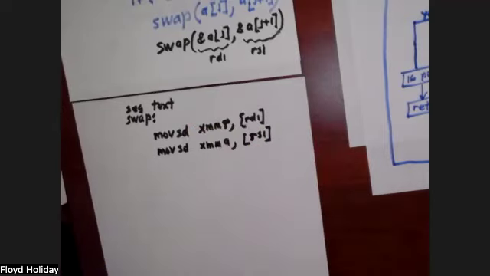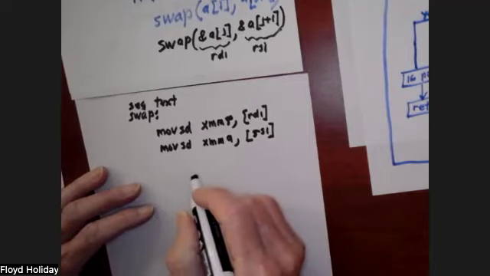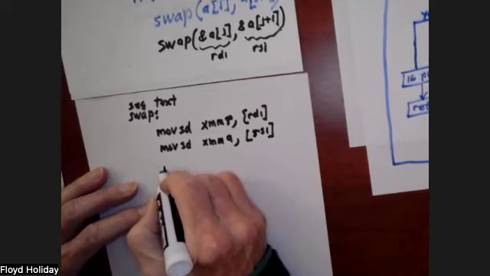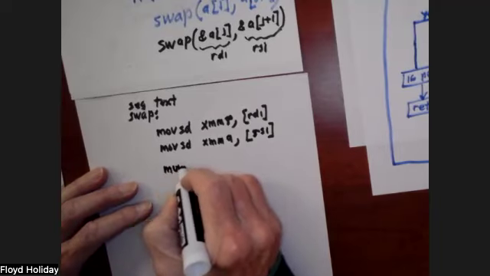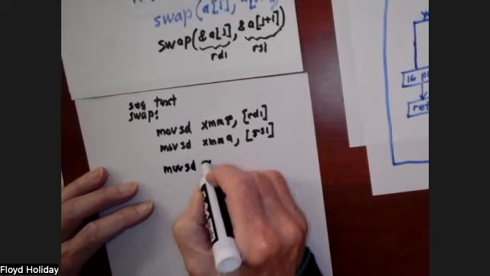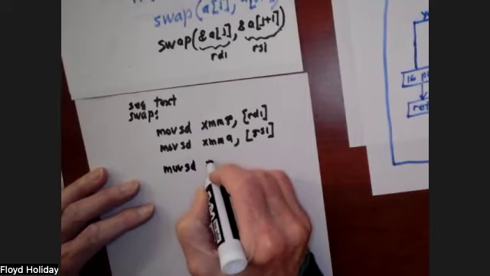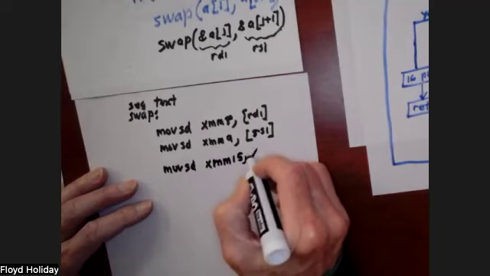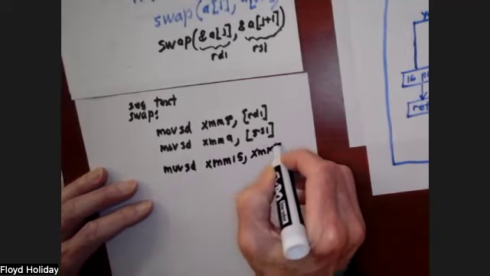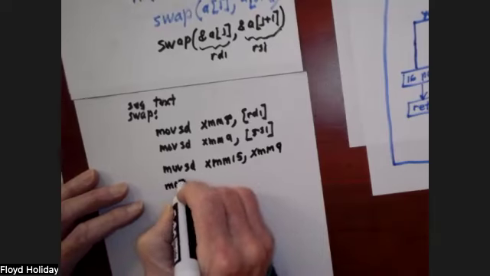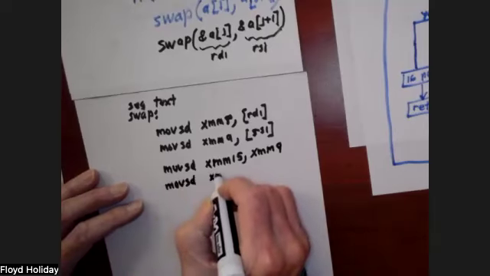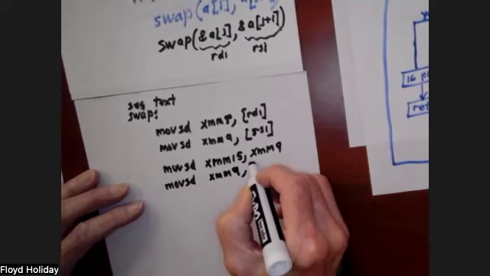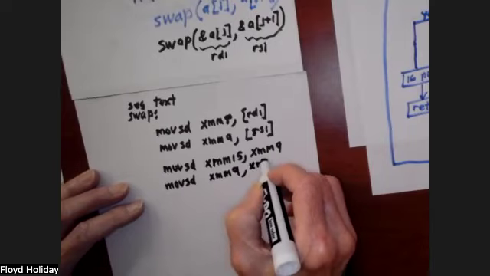We need to swap them under traditional methods. How should we do it? There's going to be 3 moves. MOVSD XMM15, XMM9. XMM15 is our holding value. Then MOVSD XMM9, XMM8.